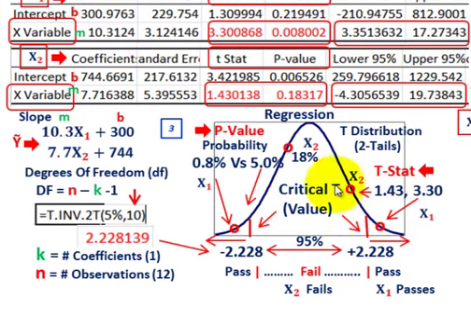You can look at it on both sides of the scale. So x2 fails the test, therefore we can say we don't have a linear relationship between y and our x2 variable based on that m slope.